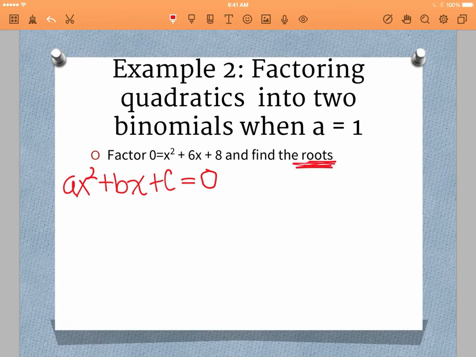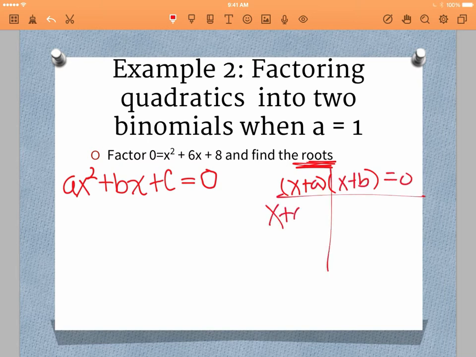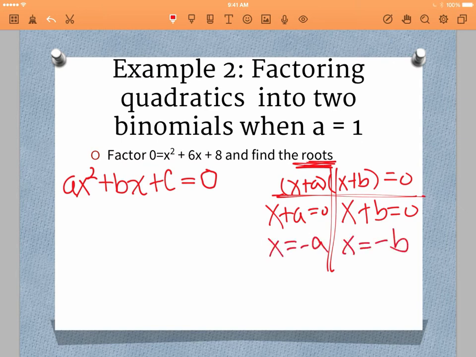The roots are when you take the two binomials and set them equal to 0, you solve them using what we call a t-chart, because it kind of looks like a T. And when you solve them, those answers are your roots, or we say our zeros. So it could be roots, it could be the word zeros, it could be solutions. All are synonyms for each other.